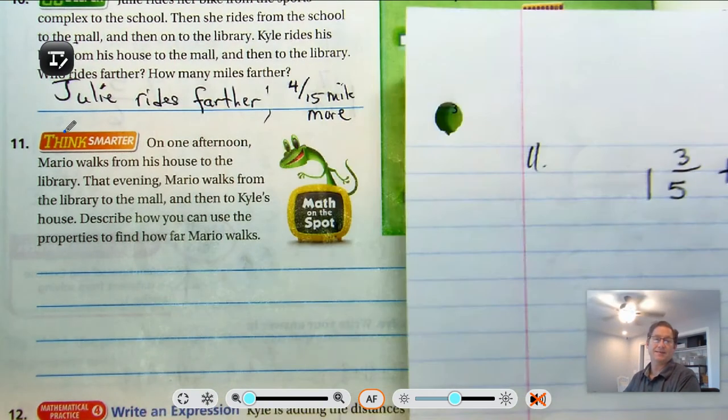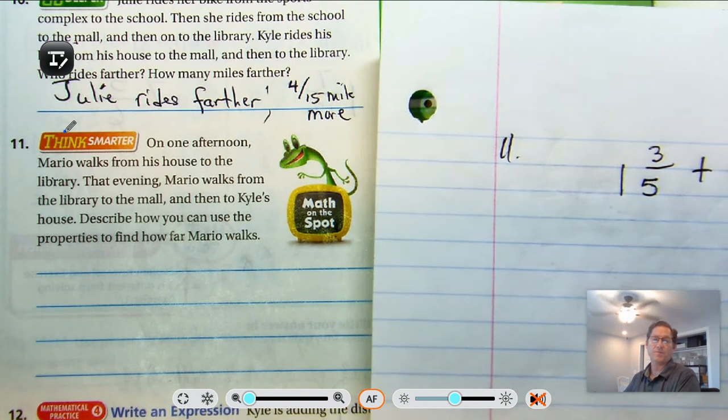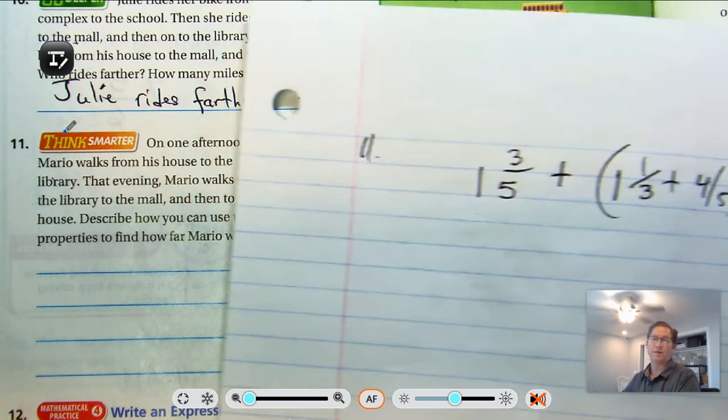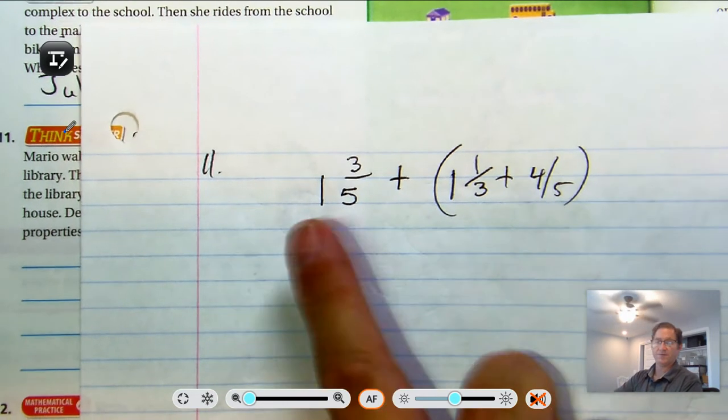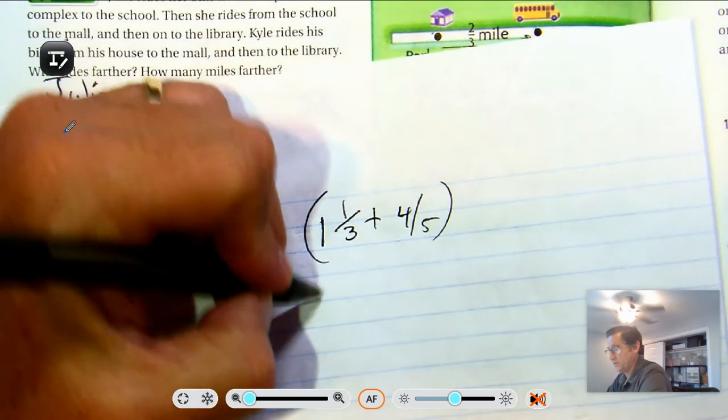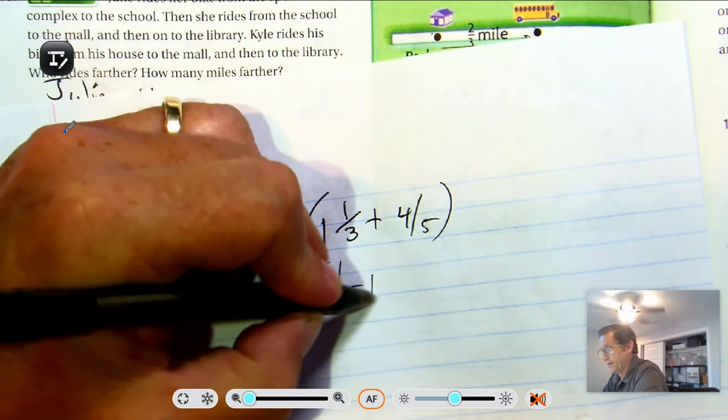Okay, and it says, describe how you can use the properties to find how far Mario walks. Well, we want to add the 4/5 to the 3/5. So the first thing I would do is use the commutative property.